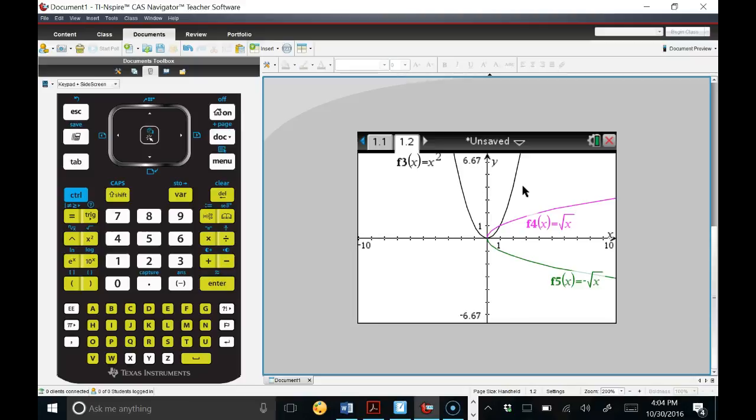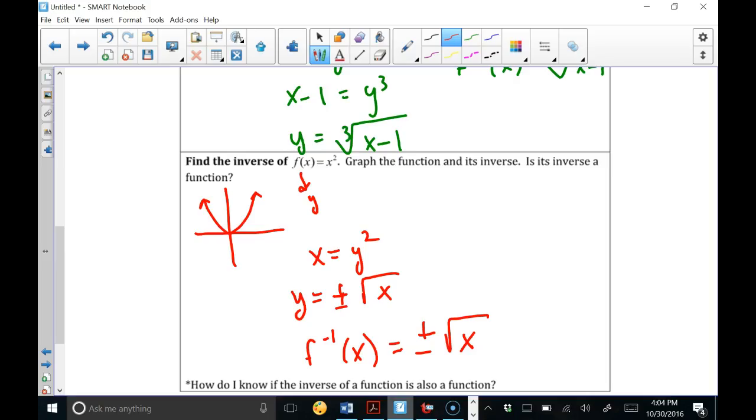If I drew a line from the top to the bottom, you would see x's with two different values of y. So our original function, y equals x squared, was not one-to-one. So its inverse, when we form it, will not be a function.